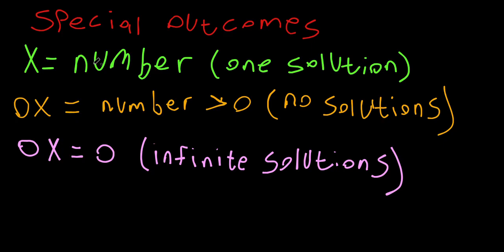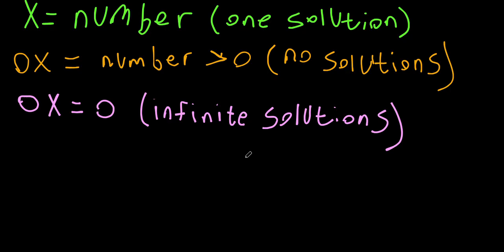That's what we've worked with so much. If 0x equals a number greater than 0, there are no solutions to that equation. No number can fill the place of x and satisfy it. And finally, when you have 0 times x equals 0, you have infinite solutions. Any old number will do.